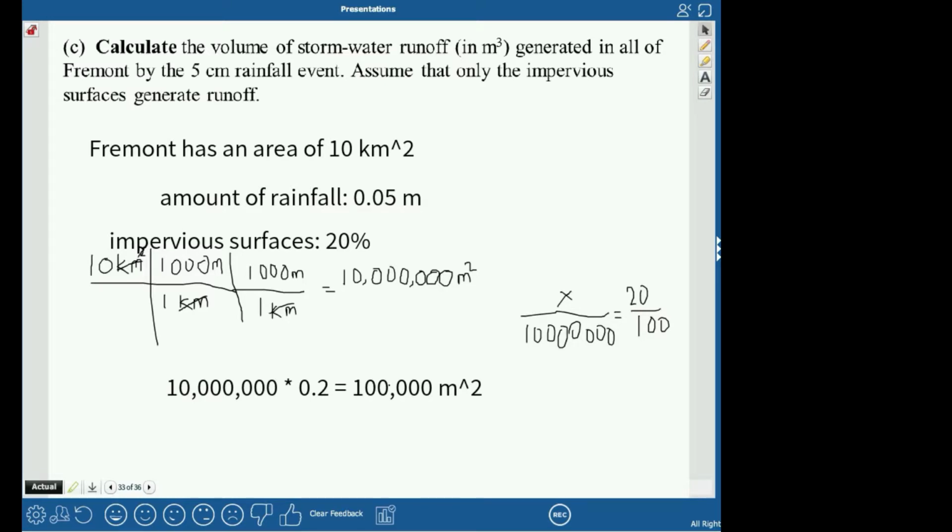Okay, this should be 2 million. I'll cross this off. I'm not really good at math on the fly, so I'm trying to copy it from the key so I don't screw it up and give you guys the wrong answers. So this should be 2 million.